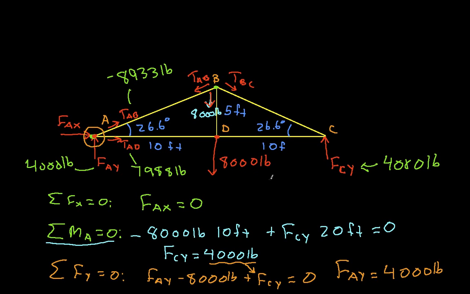Okay, so we know that TAB is minus 8,933 pounds. That's the same as TBC, so this is minus 8,933 pounds. So we now know everything except TDC.